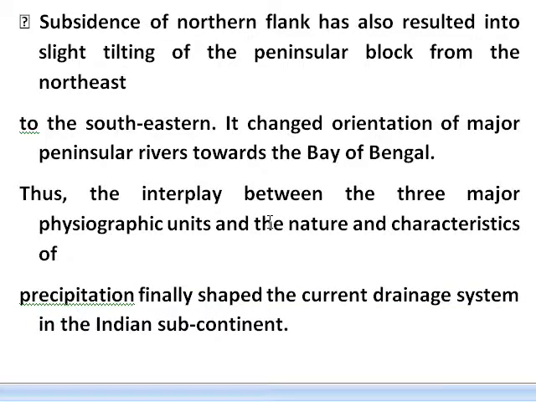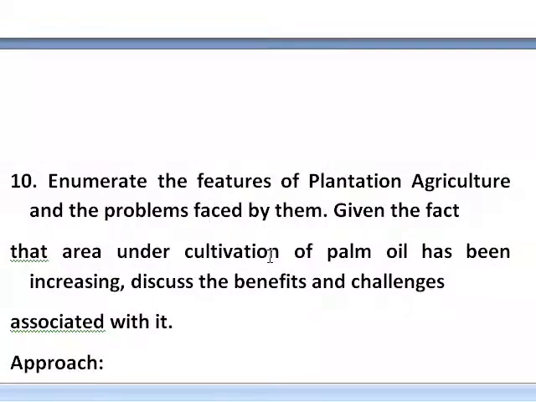Subsidence of the northern flank has also resulted in a slight tilting of the peninsular block from the northwest to the southeast. It changed the orientation of major peninsular rivers towards the Bay of Bengal. Thus, the interplay between the three major physiographic units and the nature and characteristics of precipitation finally shaped the current drainage system in the Indian subcontinent.